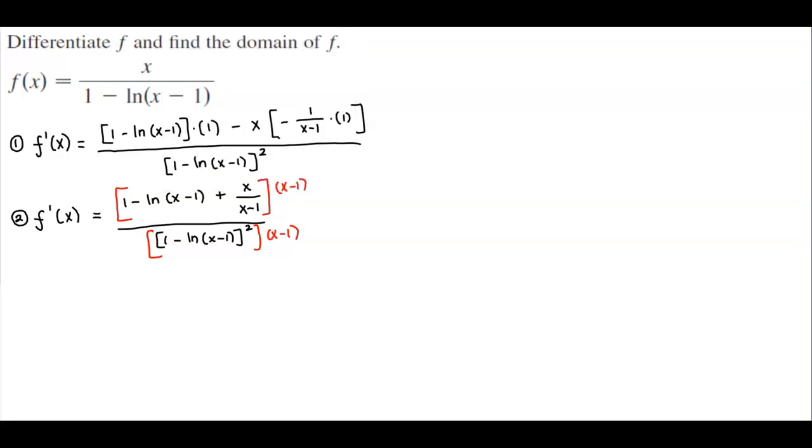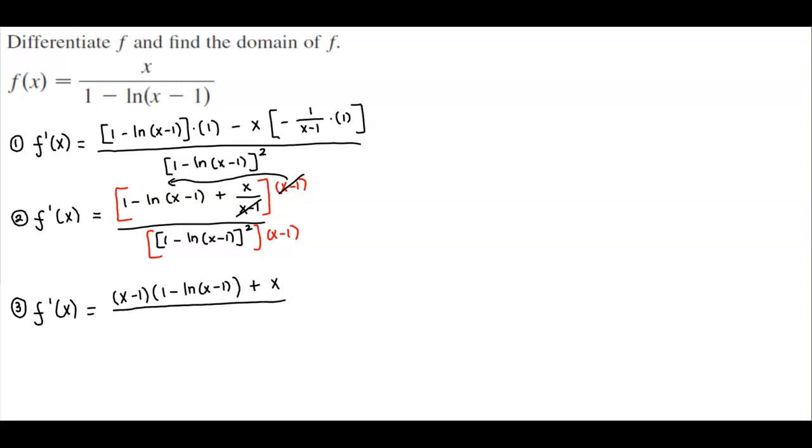So therefore, if we distribute the x minus 1 to the first term, we have x minus 1 times 1 minus the natural log of x minus 1. Plus, we know this x minus 1 and that x minus 1 become 1, so it's plus x.